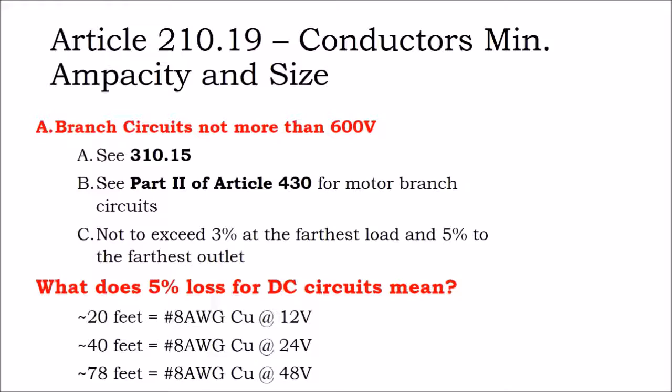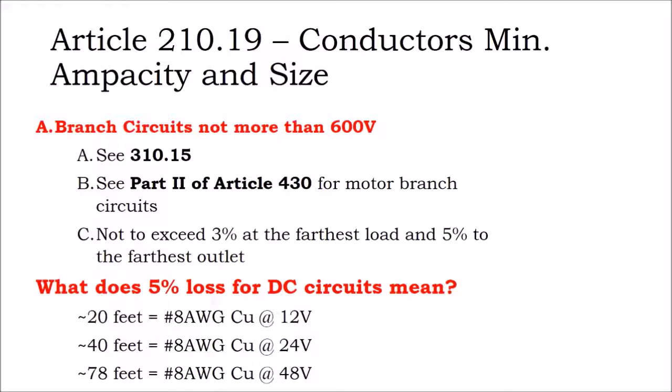AC wiggles back and forth. And that wiggling produces a little bit more heat, a little bit more resistance. And so if it's the same voltage level, the same cable, the same conductor on AC versus DC, the AC system will just produce ever so slightly less power.